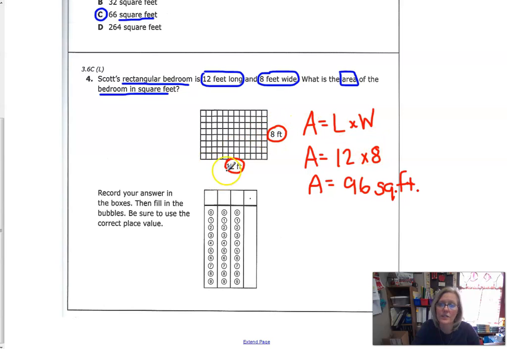I circled those up so I made sure I used the correct numbers. And then I did multiplying. You might not have known what 12 times 8 is. If you didn't, I do know that you guys have probably been practicing 2-digit times 1-digit problems. You may have had to solve that like this. That's fine, but you should have gotten 96 square feet.